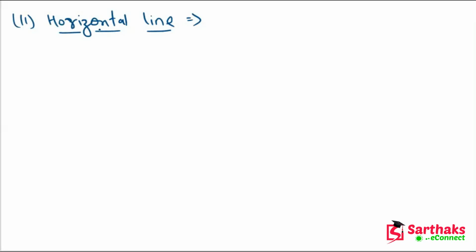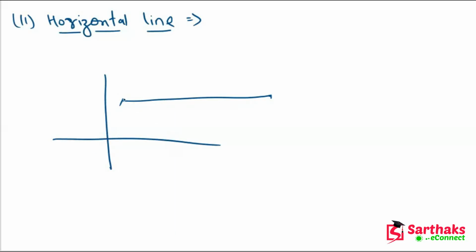The angle and horizontal line combine to form the angle of elevation. Let's suppose this is a Cartesian plane, and this is our horizontal line.